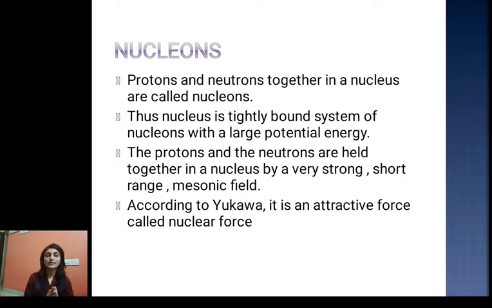Thus, the nucleus is a tightly bound system of nucleons with a large potential energy. The protons and the neutrons are held together in a nucleus by a very strong short range mesonic field, and according to Yukawa, it is an attractive force, also called the nuclear force.